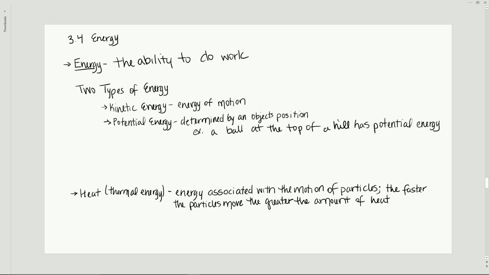That potential energy is what the ball has when it's not in motion at the top of the hill. Once the ball starts rolling, it's moving. So then that's kinetic energy.